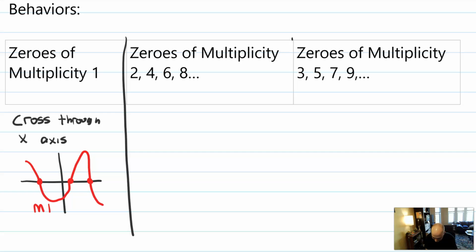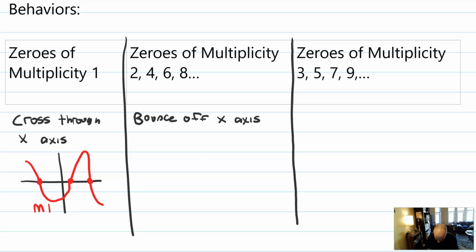Zeros of multiplicity even, that is 2, 4, 6, 8, whatever, are going to bounce off the x-axis. So those would look something like this. You would touch the axis, but instead of crossing through, you would turn right around.